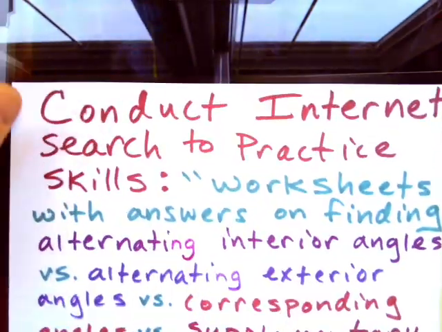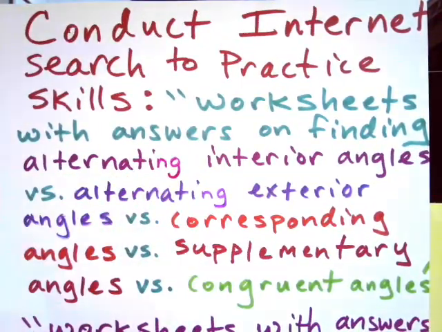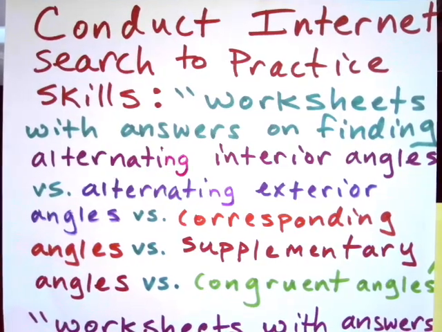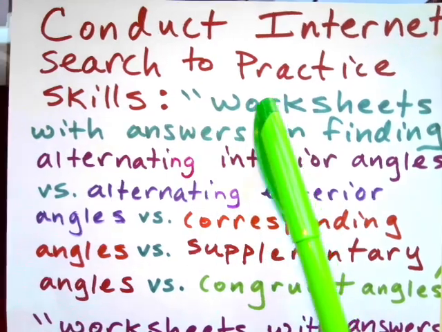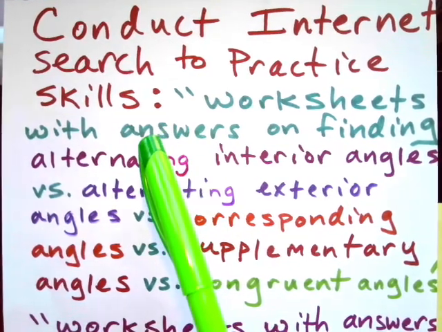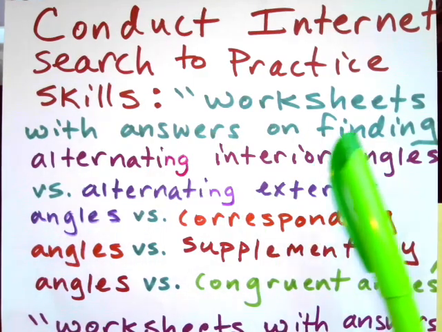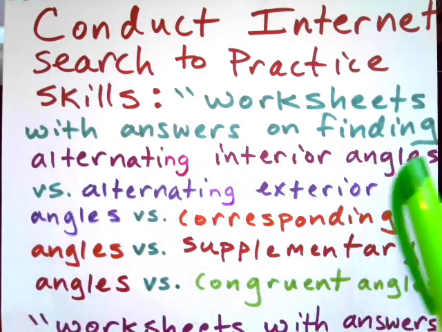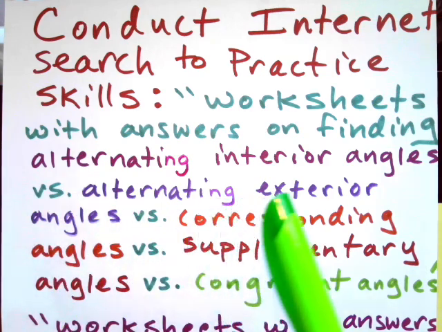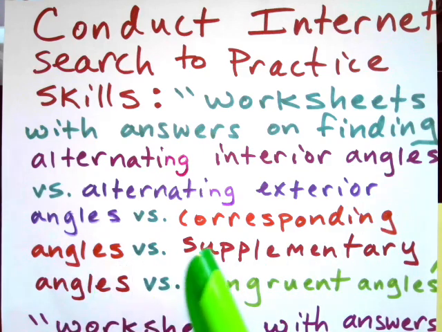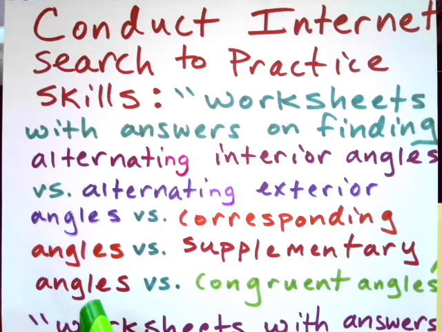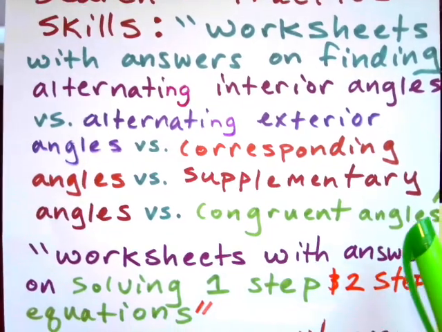Now you want to do some searches, and if you've seen this before, you could probably fast forward to the end. But here are some internet searches you can use to practice your new knowledge, skills, and abilities. You just want to type in worksheets with answers on finding alternating interior angles versus alternating exterior angles versus corresponding angles versus supplementary angles versus congruent angles.